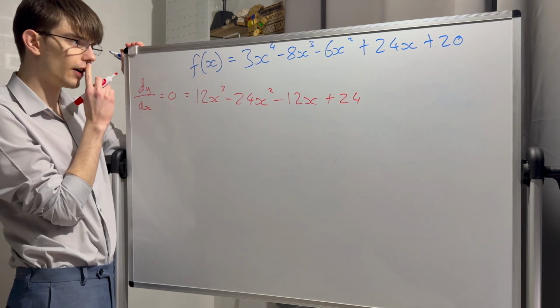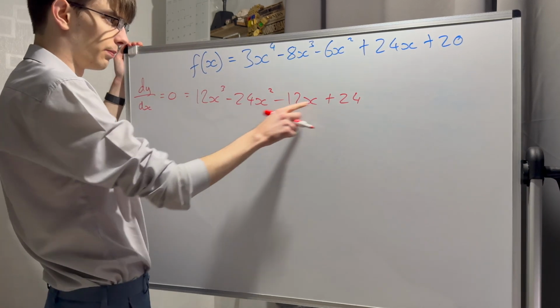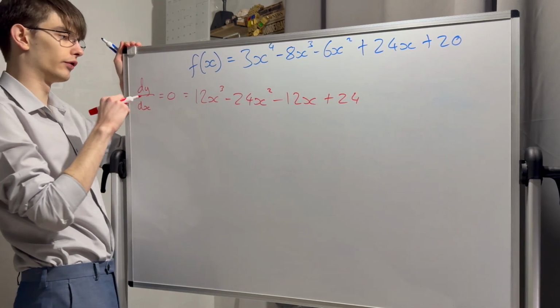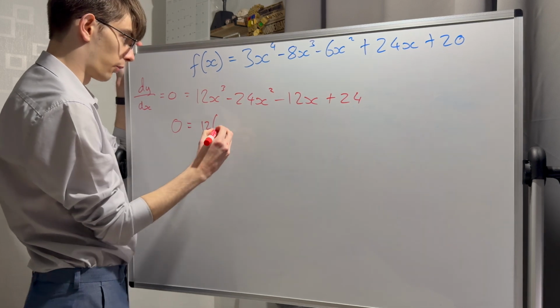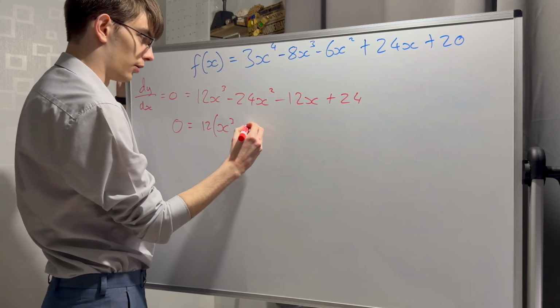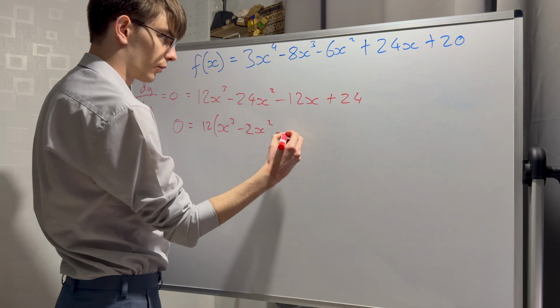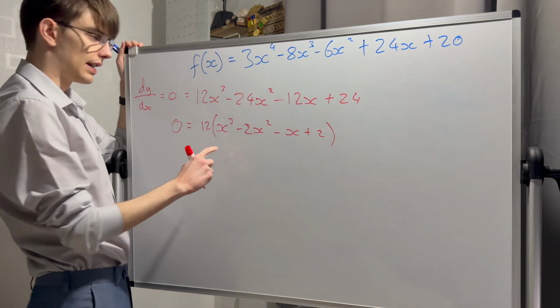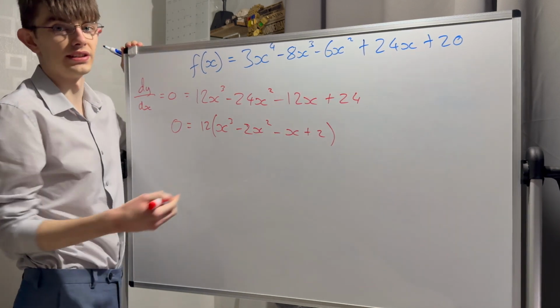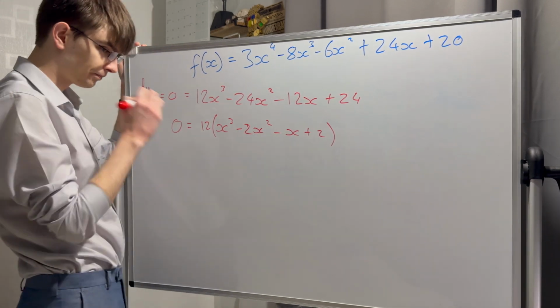Okay, right. First thing I notice is I've got a multiple of 12 in every component, so I'm going to factor that out. 0 equals 12 times (x cubed minus 2x squared minus x plus 2). Now, from here, of course, you could just throw all this into your calculator and you get the same result.